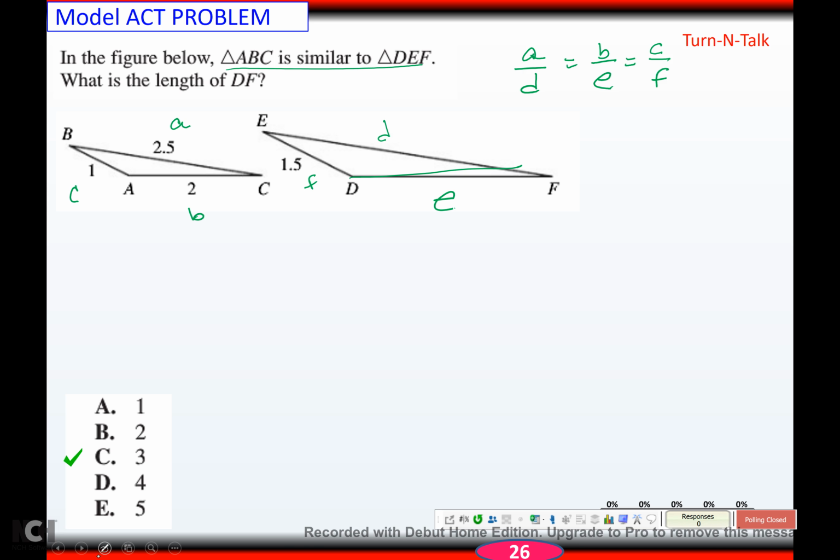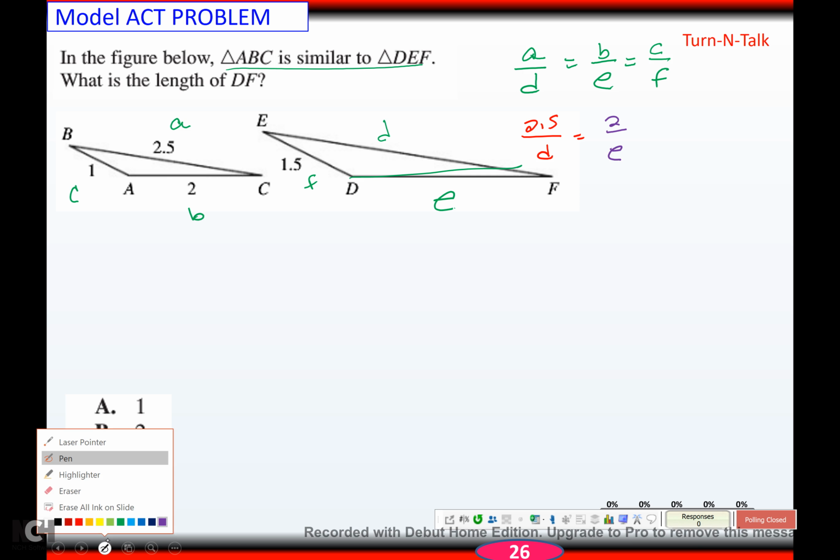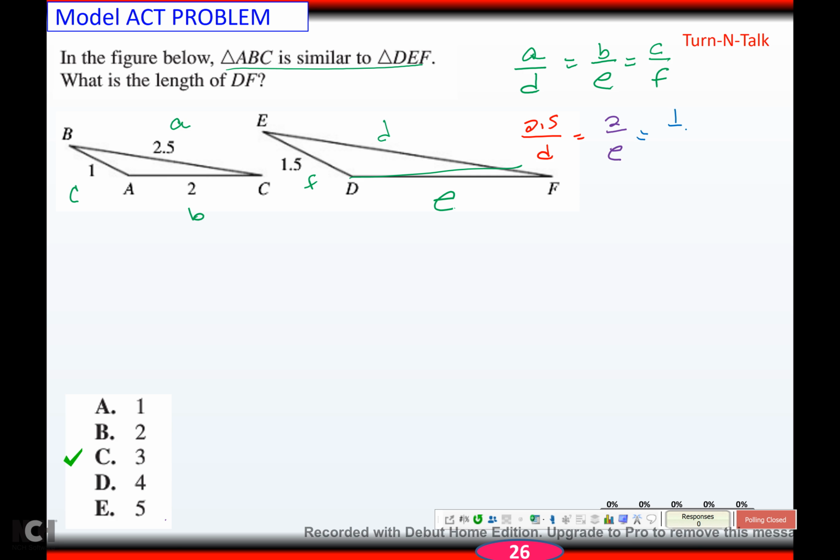Alright, so let's plug in what we know and figure out what ratio is going to get us the answer. So I know that a is 2.5, little d is d. For b, I know that little b is 2, and little e is, I don't know. And the last one, I know that little c, which is 1, corresponds to little f, which is 1.5.